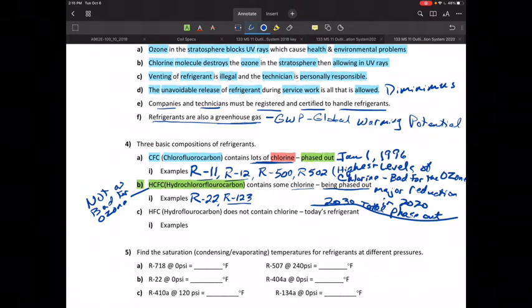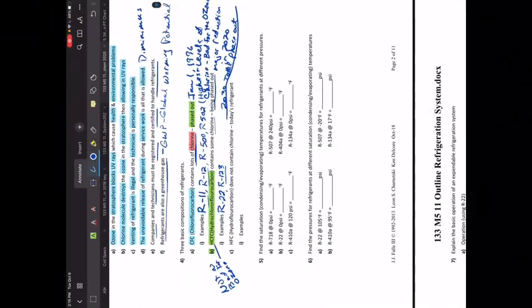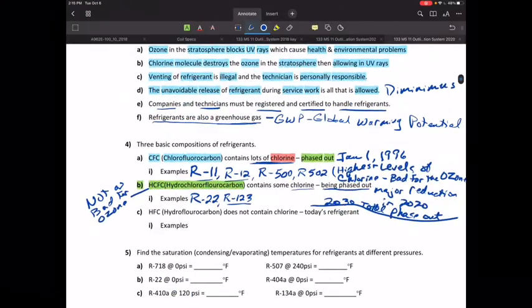A lot of the manufacturers have been trying to figure out, is there a better system? Is there another refrigerant that we should be using? And they obviously had to develop that and make it happen. So those would be some examples. But again, not as bad, it's just got less chlorine. Not completely, just less.